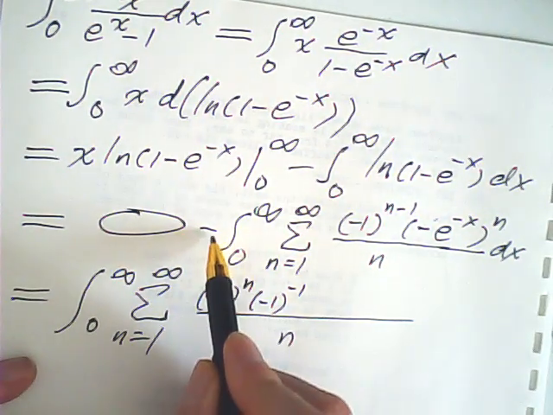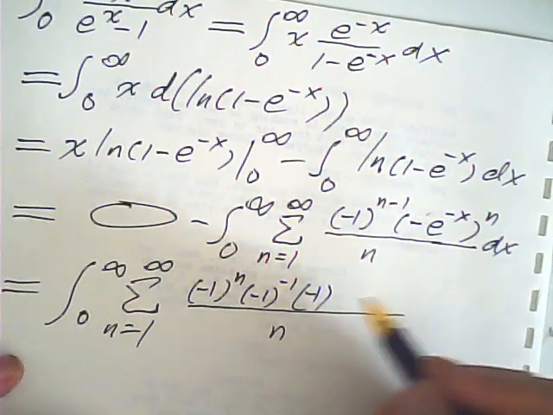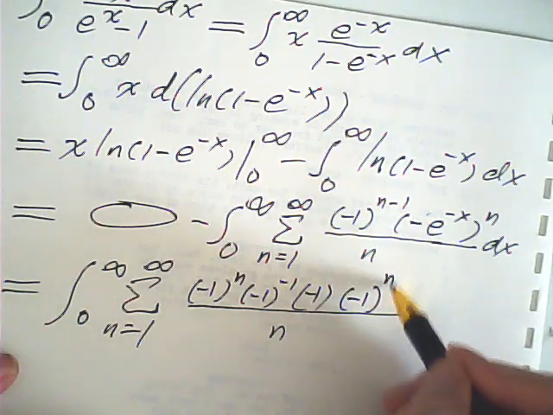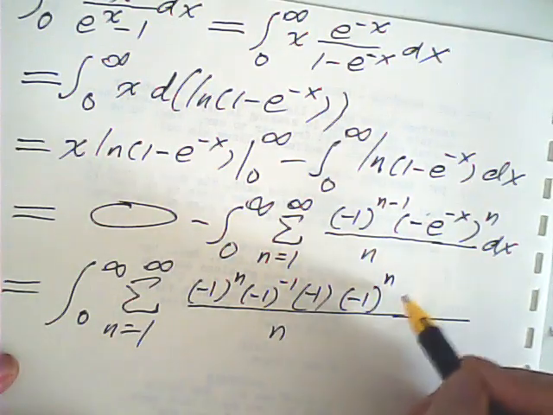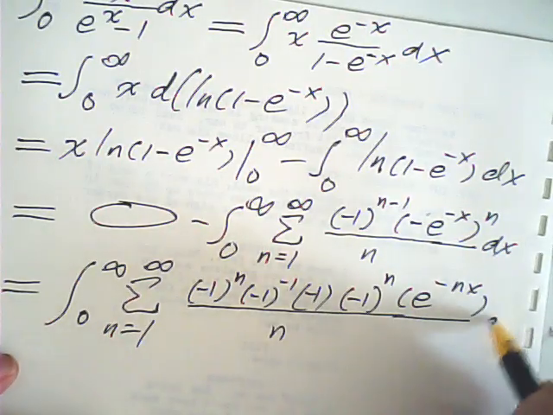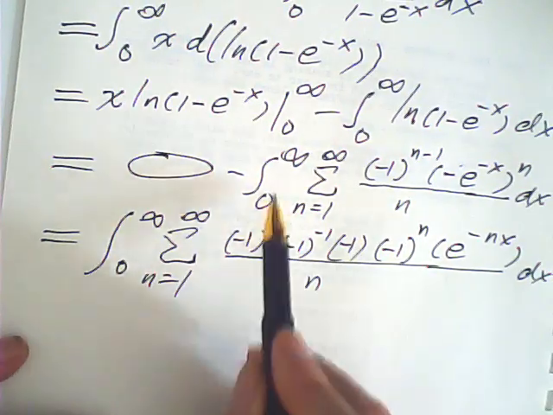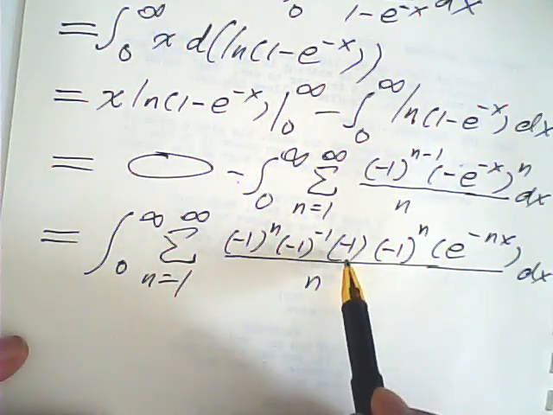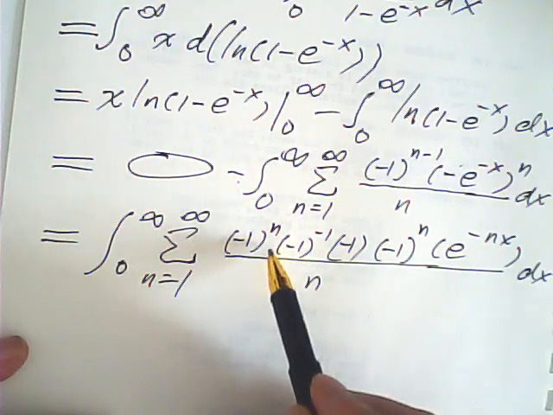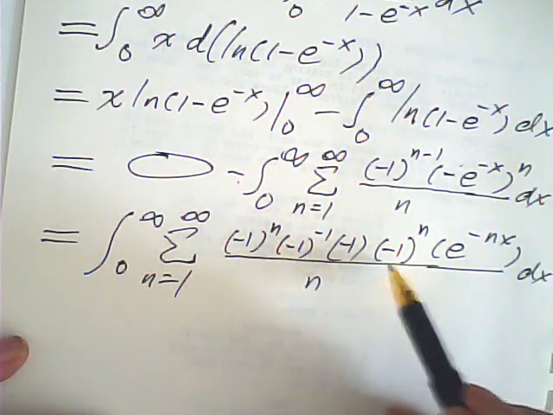And don't forget that we have a negative 1 here. If I put a negative 1 there, another negative 1, right? This is negative 1 to the n times e to the negative nx. So this negative is this, this is this, this is that, and okay, good.